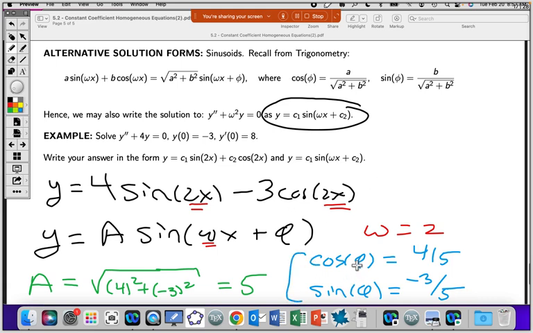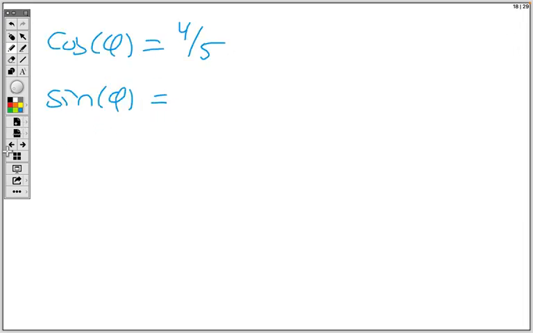Well, I can tell since I have both cosine and sine. If cosine is positive, but sine is negative, what quadrant am I going to be in the unit circle?